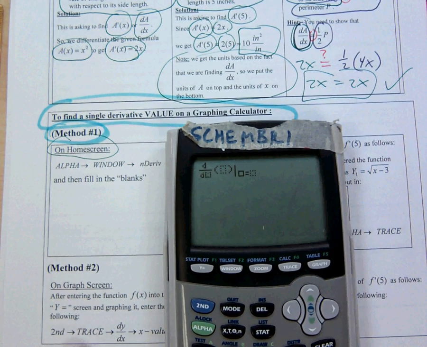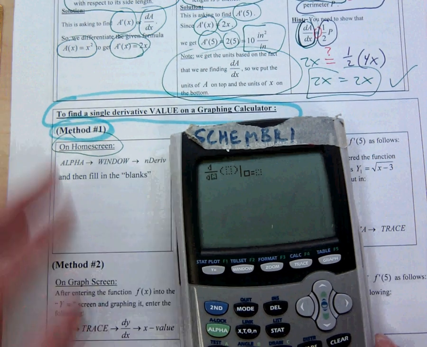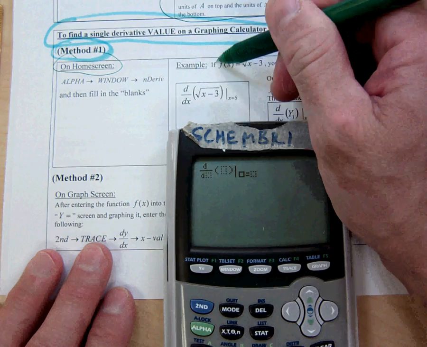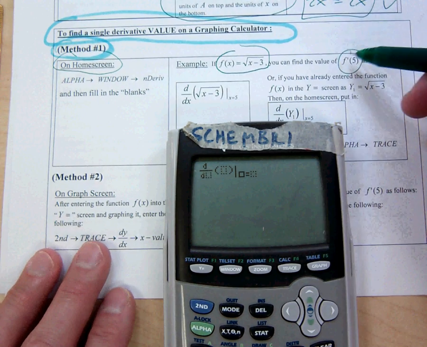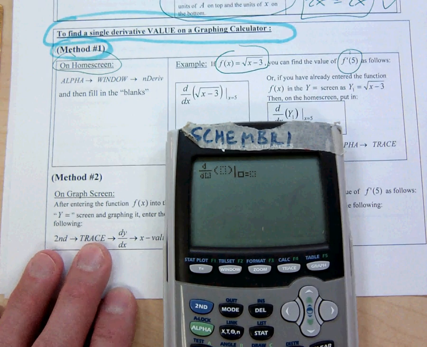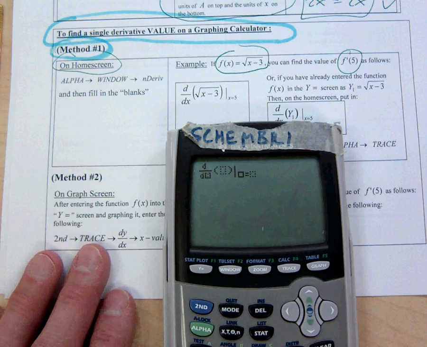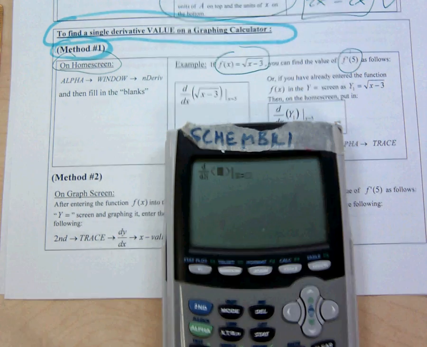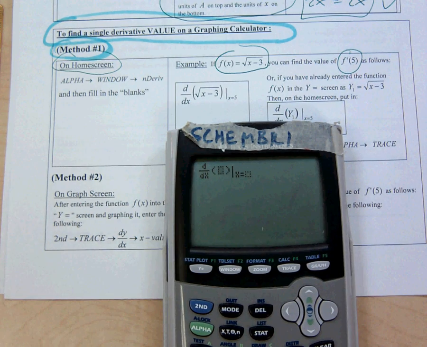Let's do an example right now while we have that on our screen. Suppose you want to find the value of f prime of 5 for that function. First of all, we're differentiating with respect to x, always in this case, so put in x there. What goes there? The function. So what's the function? Square root of x minus 3.